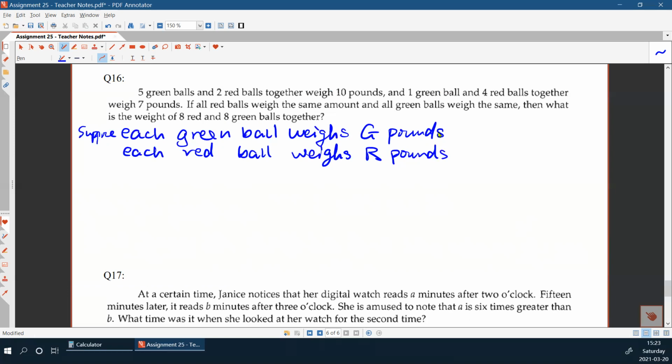So G stands for the weight of each green ball, okay? Pay attention to the word here, each. And R denotes the weight of each red ball, okay?